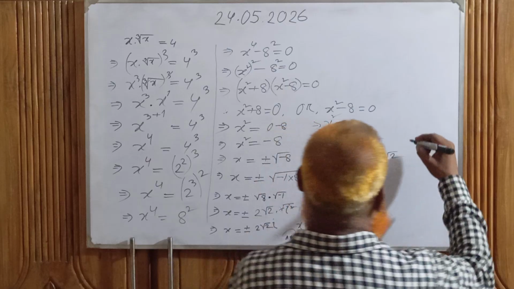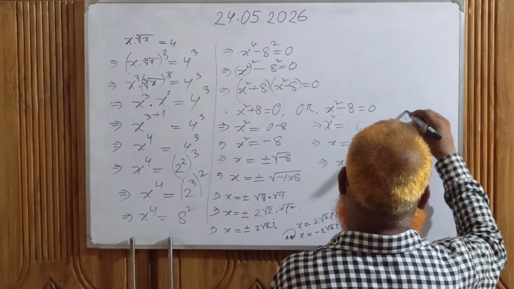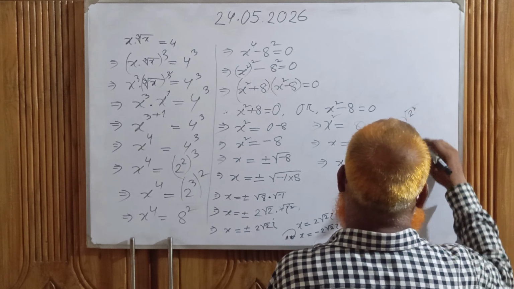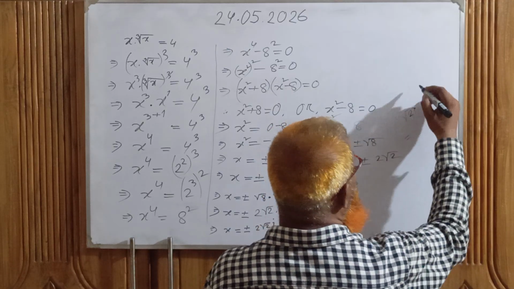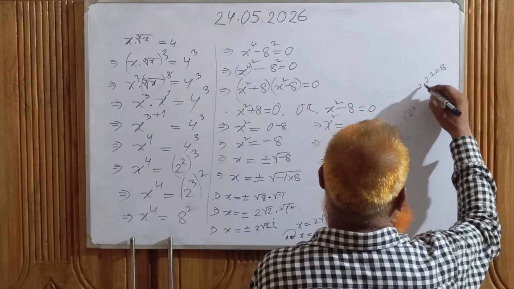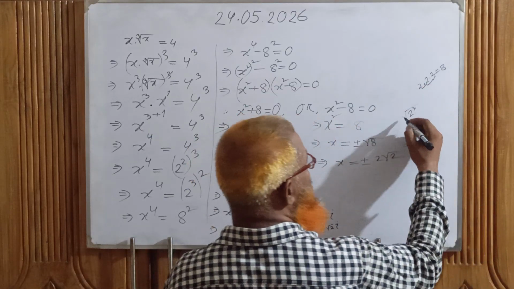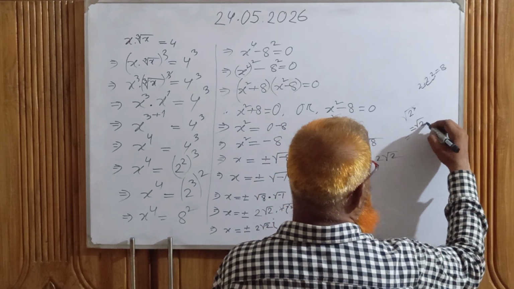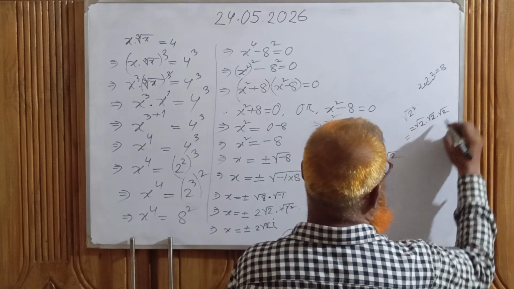And this is possible: root 8 equals 2 power of 3, that is 2 times 2 times 2 equals 8, and 2 power of 3 equals 2 square times 2, that is 2 times root 2 into root 2.